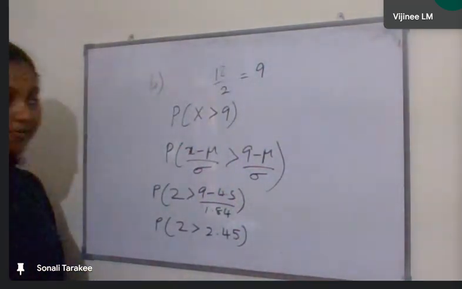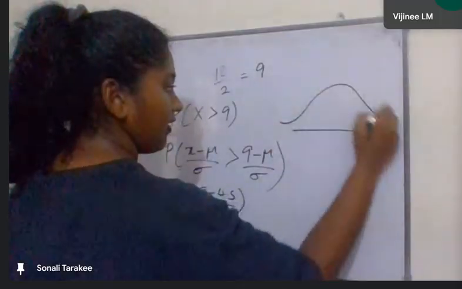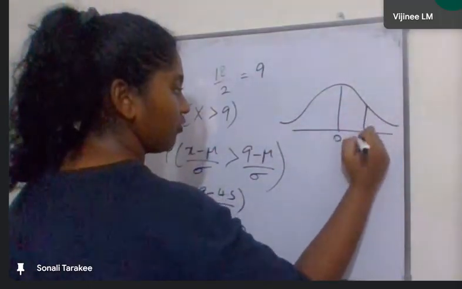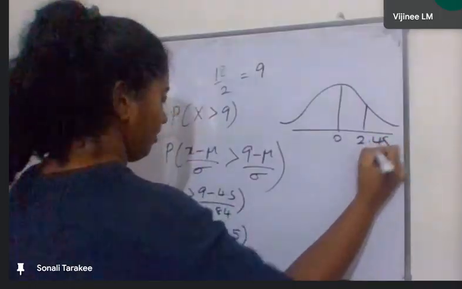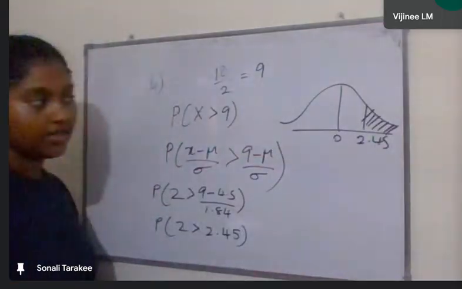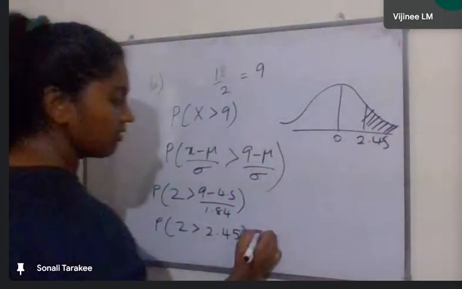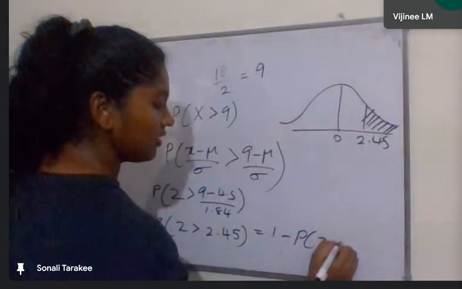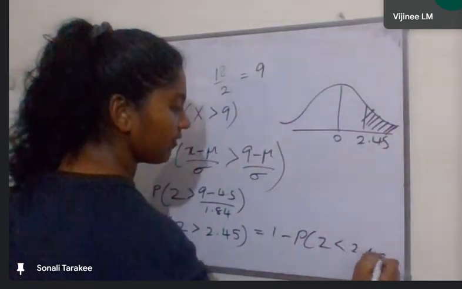If we draw the bell-shaped graph, here 0, here 2.45, z should be greater than 2.45. So this area. How you calculate this is 1 minus P(z less than 2.45).